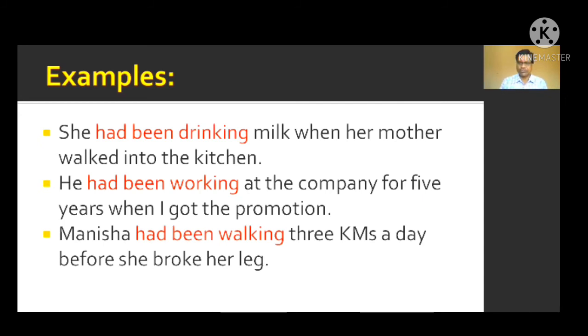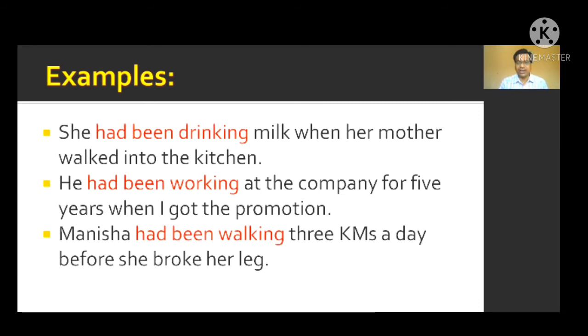But before that, what was her regular practice? Manisha had been walking 3 kilometers a day. So she is very punctual about exercise, either walks in the morning or evening. She is health conscious also. So what was her practice? Her regular practice was to walk a minimum of 3 kilometers a day.